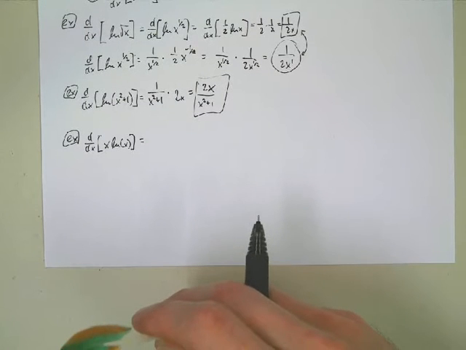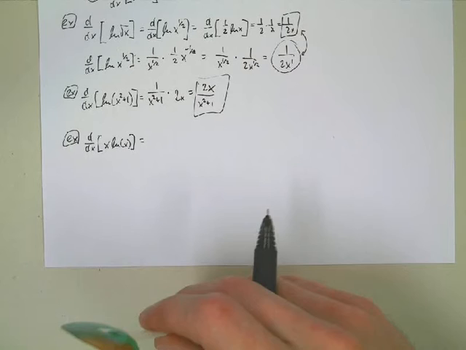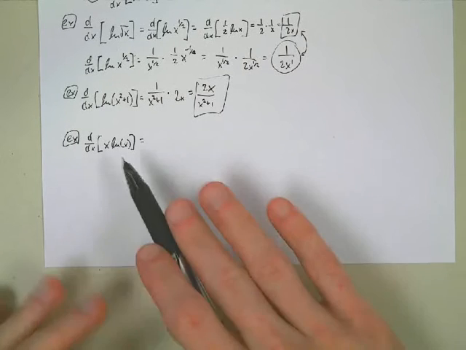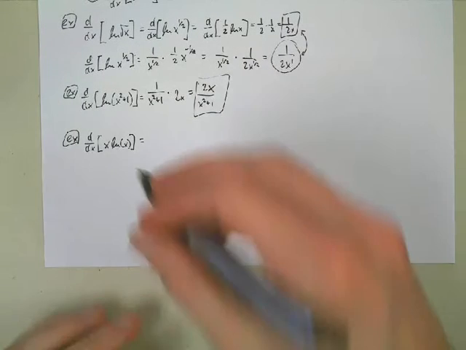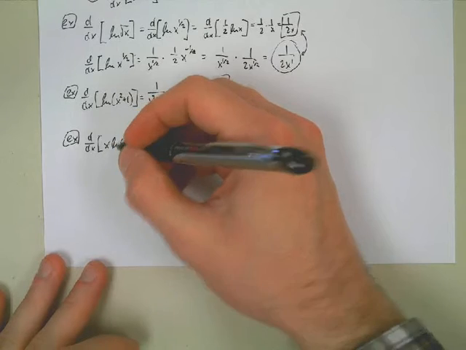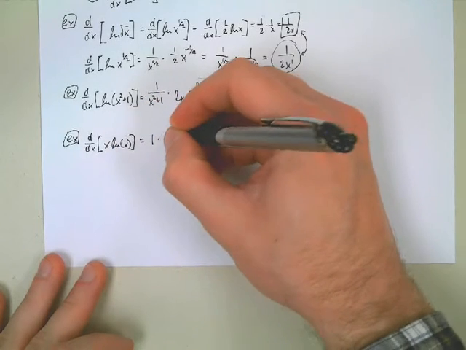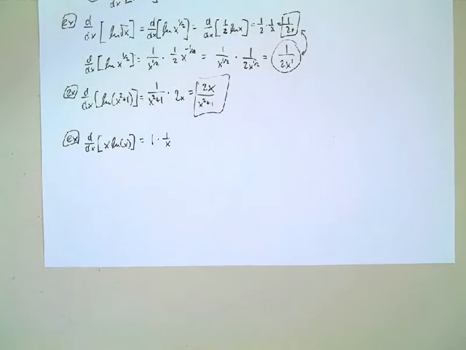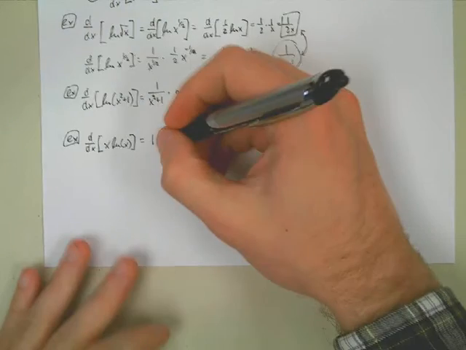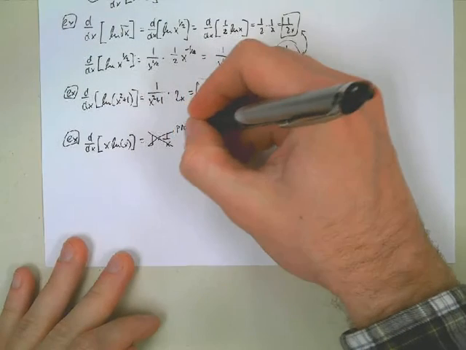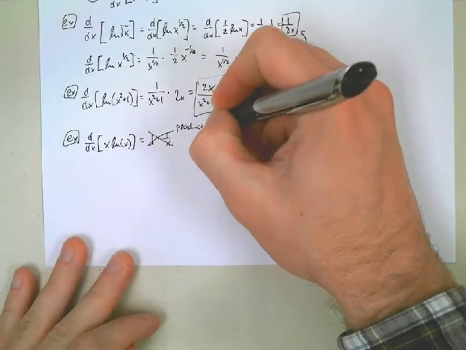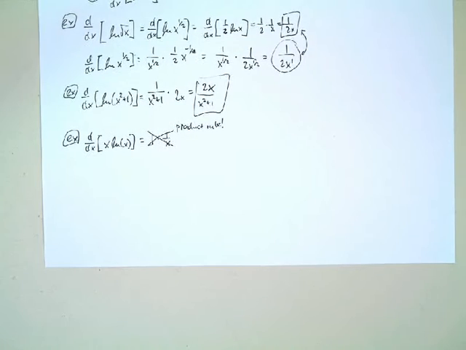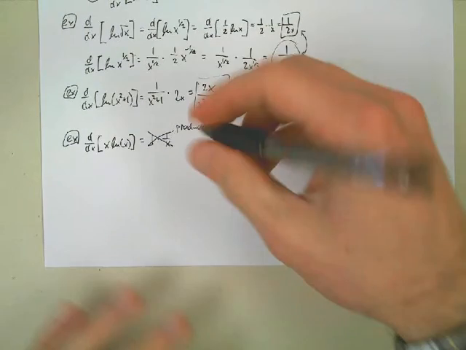So, let's see here. The derivative of x times natural log of x will be 1 times 1 over x... no, product rule. This is x times natural log x.